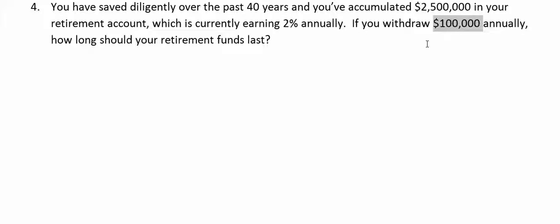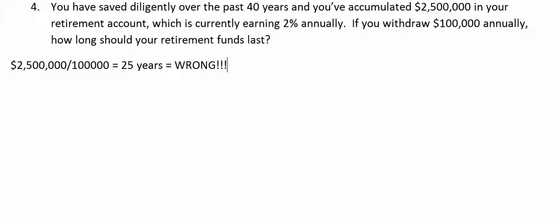So we're ignoring inflation. How long would our retirement funds last? What a lot of people like to do is say, okay, I've got $2.5 million, I'm going to take out $100,000 a year. $2.5 million divided by $100,000 is 25 years. That's wrong. So don't work it that way.